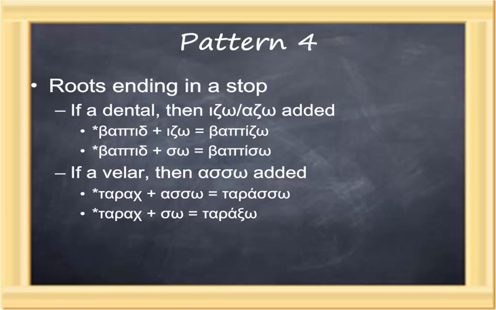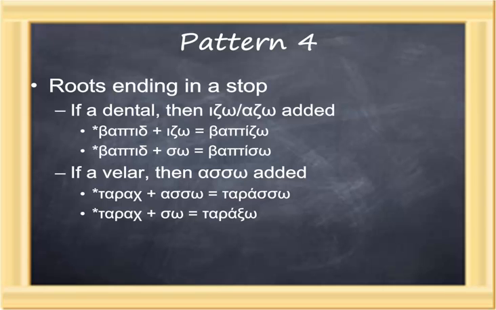What's going on here is the root is baptid, ending in a delta, a dental. An izo is added to the end to form the present, baptizo, and when the future, sigma, is added to the dental, of course, the dental drops out, according to the square of stops. So we have an explanation for the 2 forms, baptizo and baptizo. The present is formed because an izo was added to a dental.